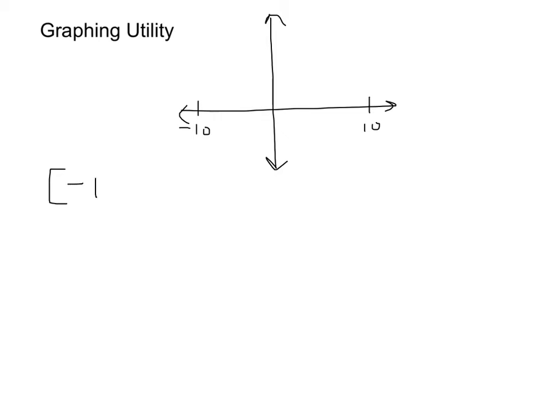And what happens is when you have a graph, usually we go from -10 to +10. So when we're looking at a viewing window, this is how they would write it.